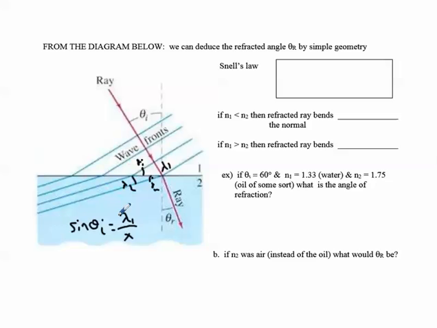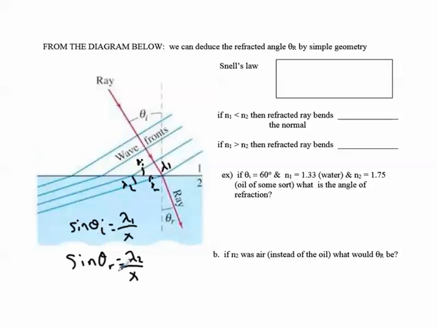And from the triangle made by the refracted waves, we see that sine of theta r equals lambda 2 all over the same wavefront, or triangle length, excuse me.